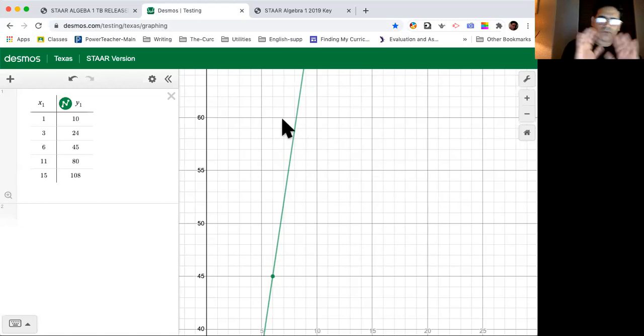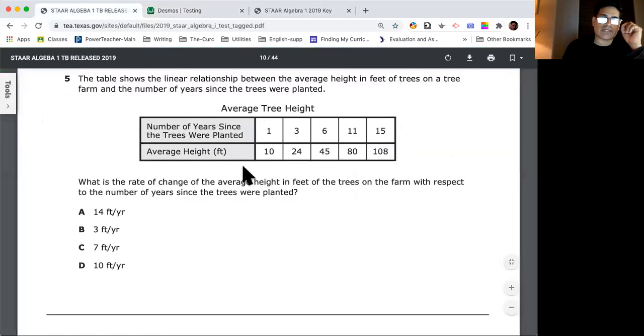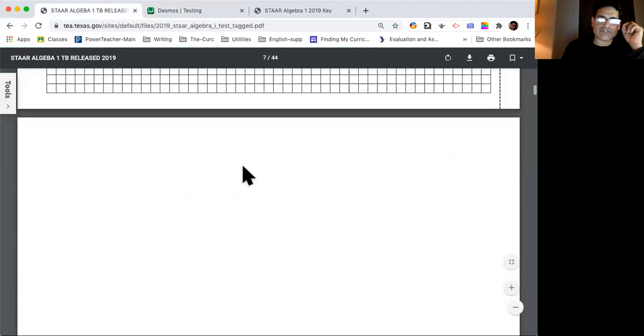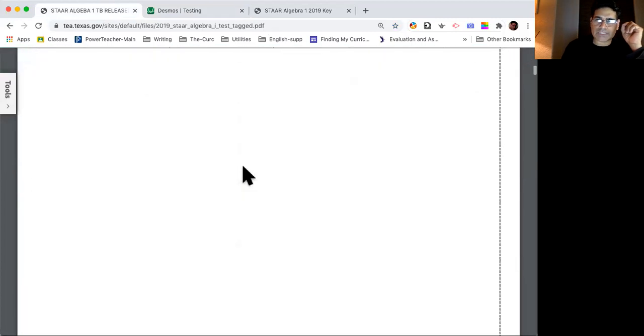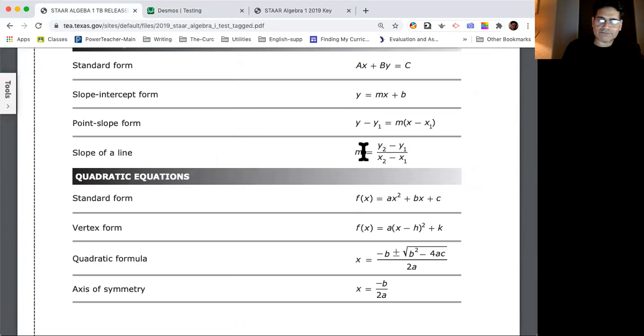All right, we'll just leave that for now and work with this over here. Let's try the slope formula, and again, that's in your chart. The change in y over the change in x is called the slope of a line formula.